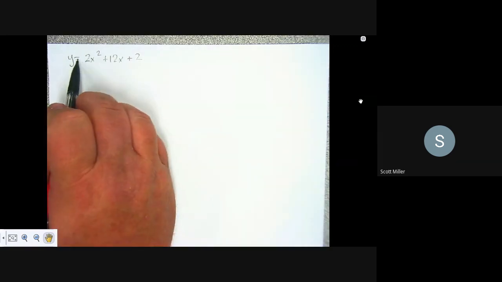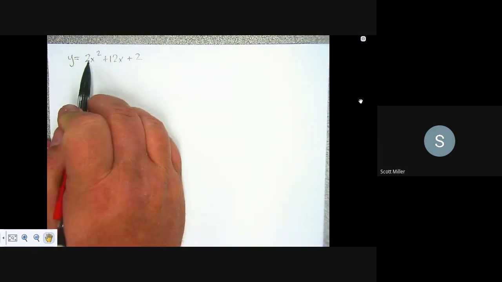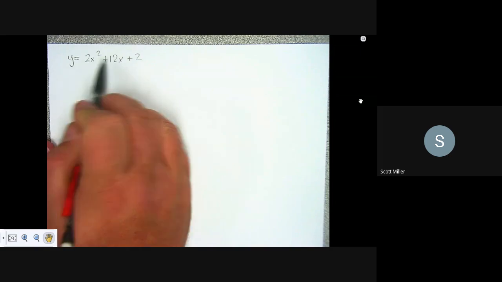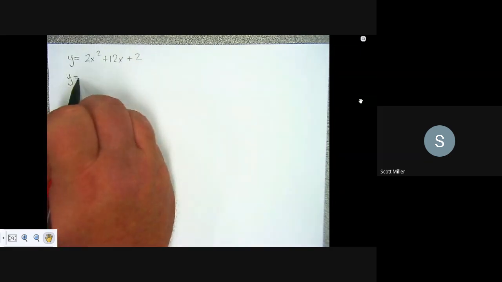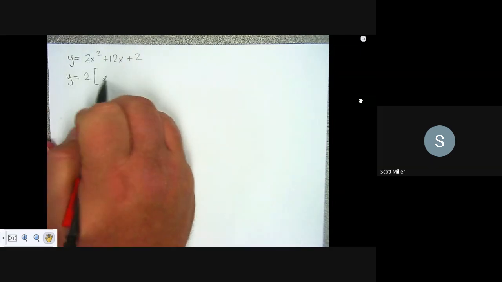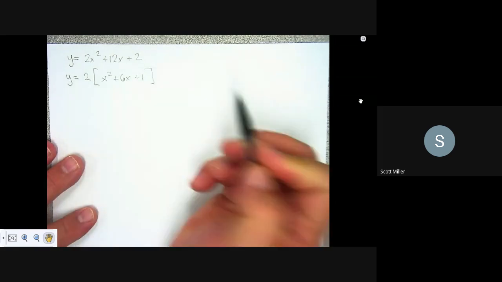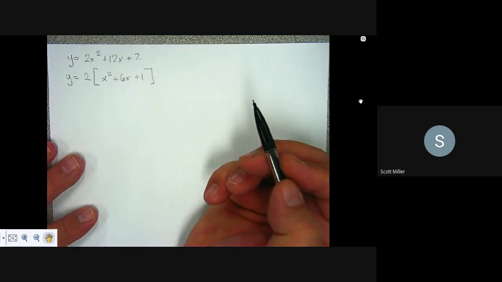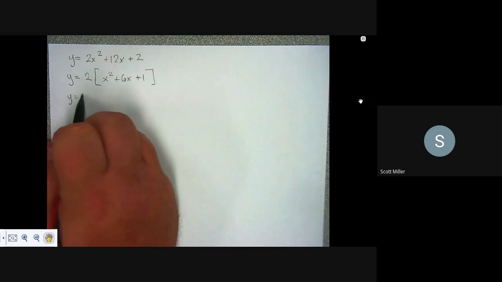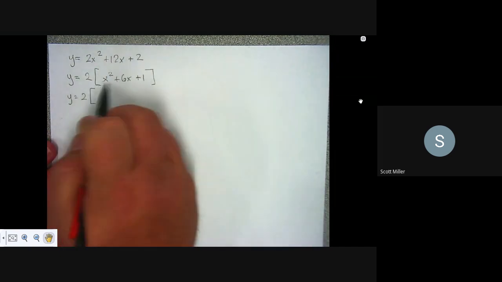So to complete the square using their method, I have to first get rid of the 2 by factoring the 2 out. So y then becomes 2 times x squared plus 6x plus 1. So that's what I have there. Then I have to take this, and now I'm going on the inside only.